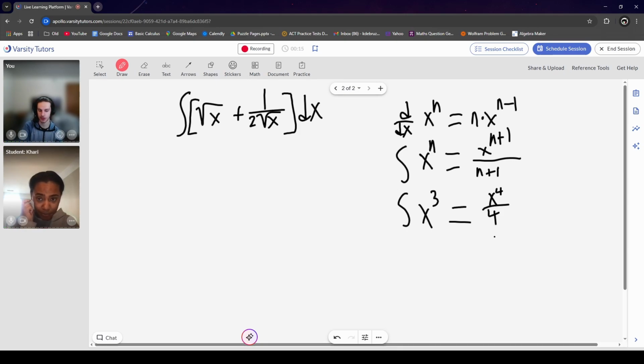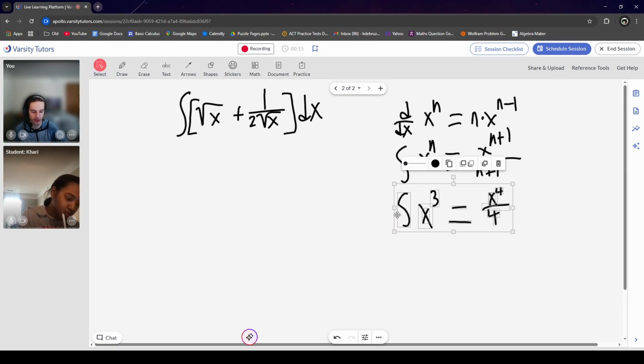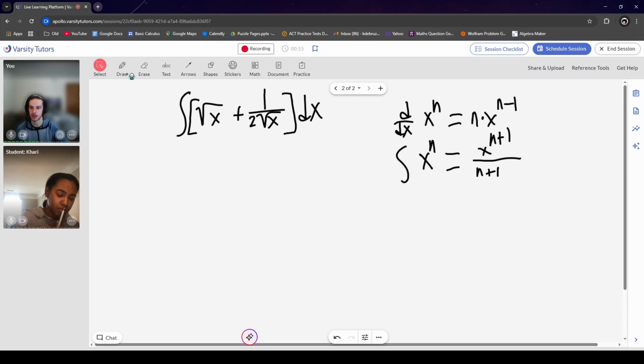Yep, just that easy. And another thing that'll be very helpful for you to know is that the derivative operator and the integral operator... oh, actually, this should have a dx here. There we go. Now it's written out properly. But back to what I was saying.